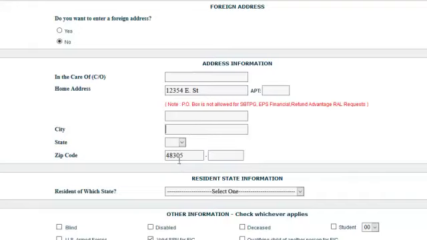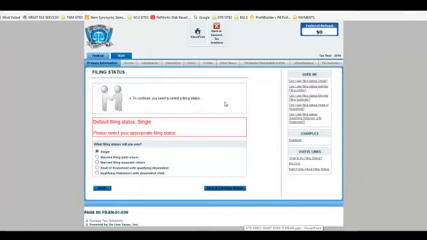And usually it will populate the city for you. There you go. And we're going to hit save and continue. Now when you're practicing these in your software, and if the number you put in, it rejects it because you put this number's already been put in, so you might want to change the numbers around for your practice and see what happens for you.